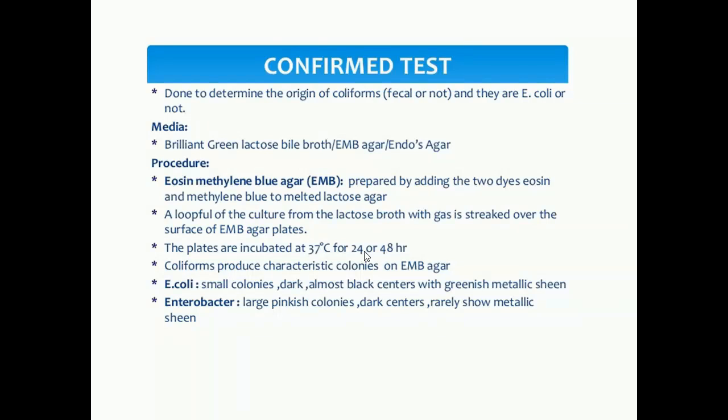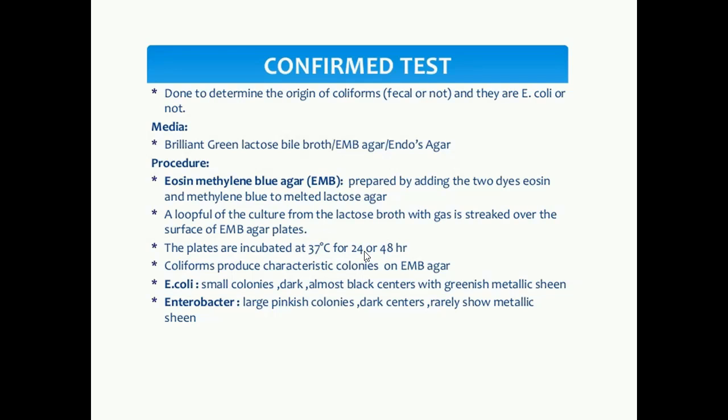Next is the confirmed test, done to determine the origin of coliforms and whether they are E. coli or not. Media: brilliant green lactose bile broth, EMB agar, or Endo agar.